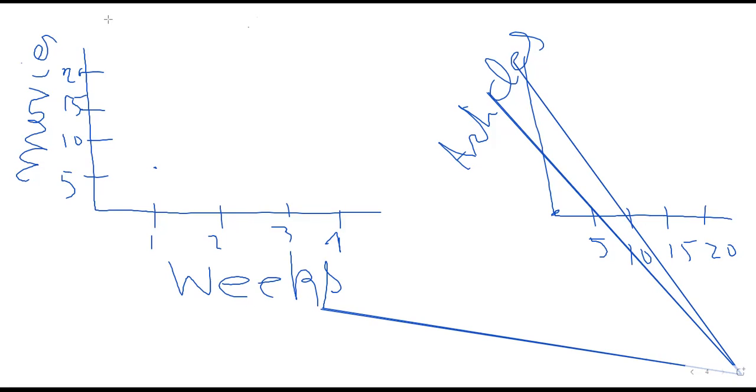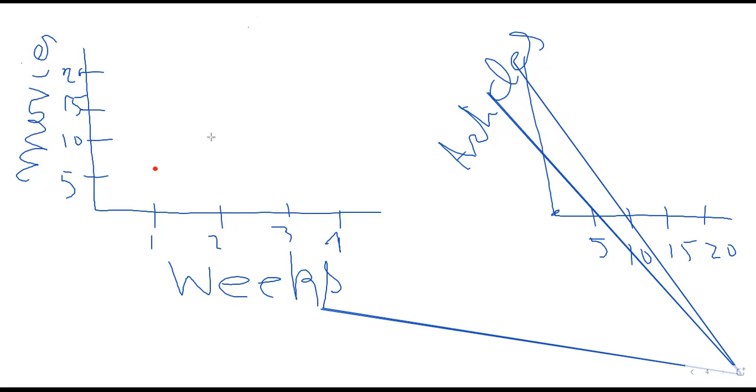So in the first week, movies watched are greater than 5. Then in the second week, that is 10 movies. Second is here, so 10 is over here somewhere.